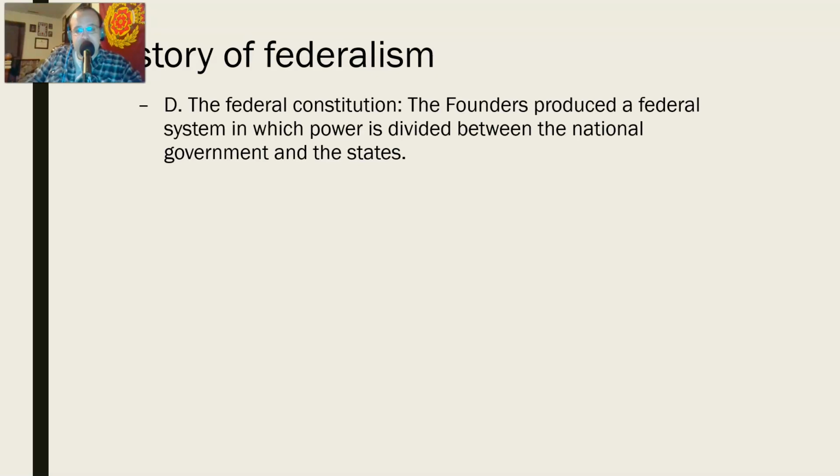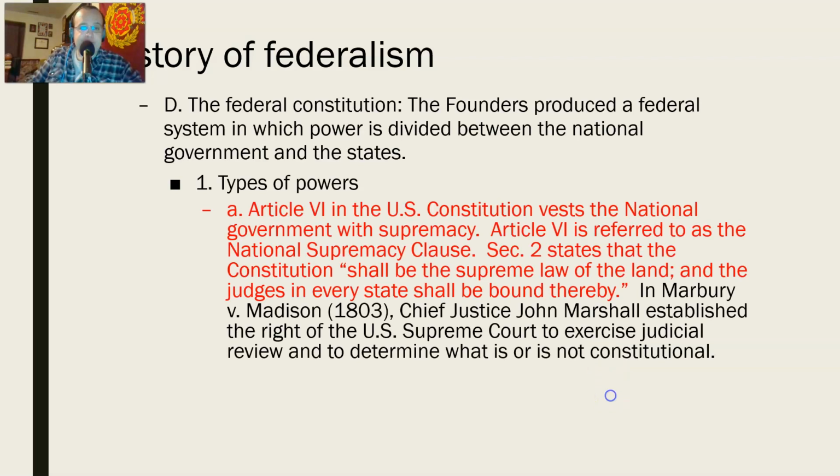So the founders gave us a federal system in which the power of the government is divided between what eventually became Washington, D.C., and the states. And there are different types of powers. This is very important that you remember this. Article 6 in the U.S. Constitution is referred to as the National Supremacy Clause.